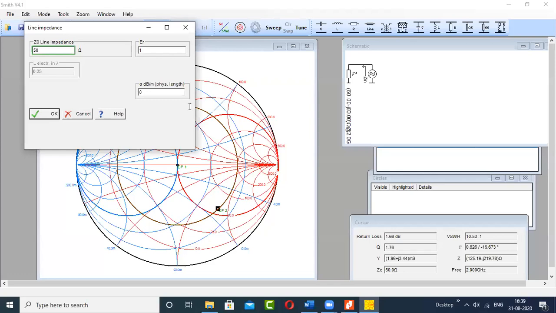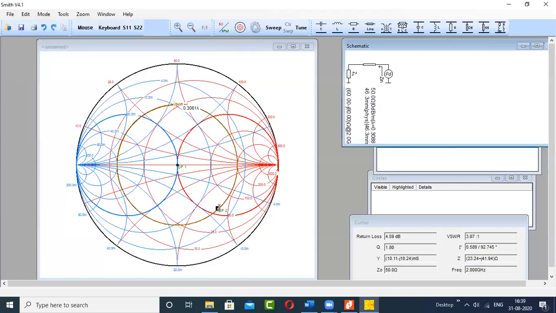You have to click on the intersection point which is near this, in the direction. This is where you have to stop.